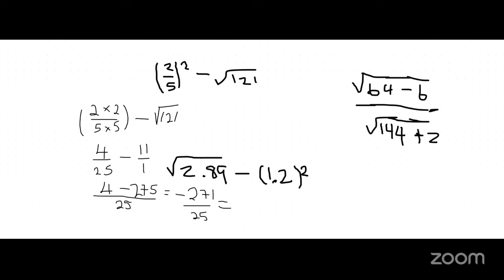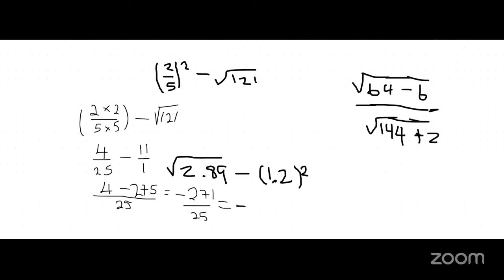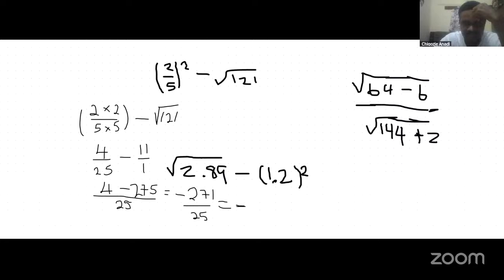This is obviously going to give us a negative number. So what is 271 divided by 25? Wait, I need to write this out. Should I divide it? Yeah, divide it. Tell me your answer.